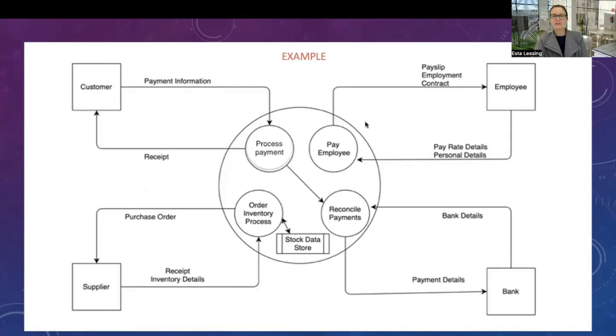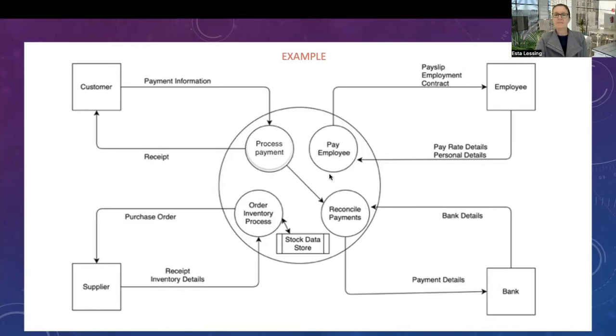If we were to expand our data flow system, we've now got high-level flows of: process a payment, when the customer pays for their groceries; reconcile the payments, that's when it goes to the bank and the bank sends us information back; inventory processes, where we might be storing our stock levels in a database, and there is an interface with our supplier system.